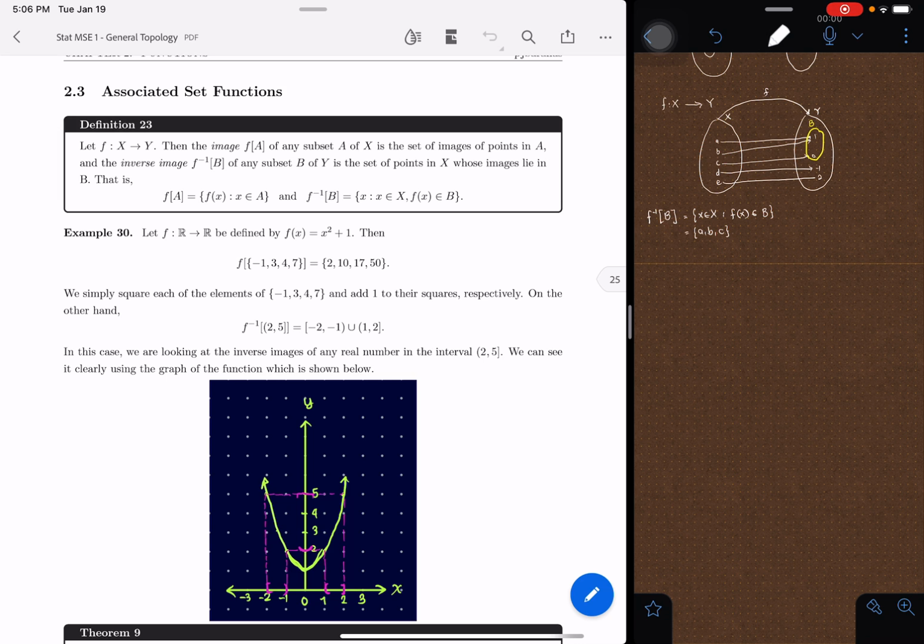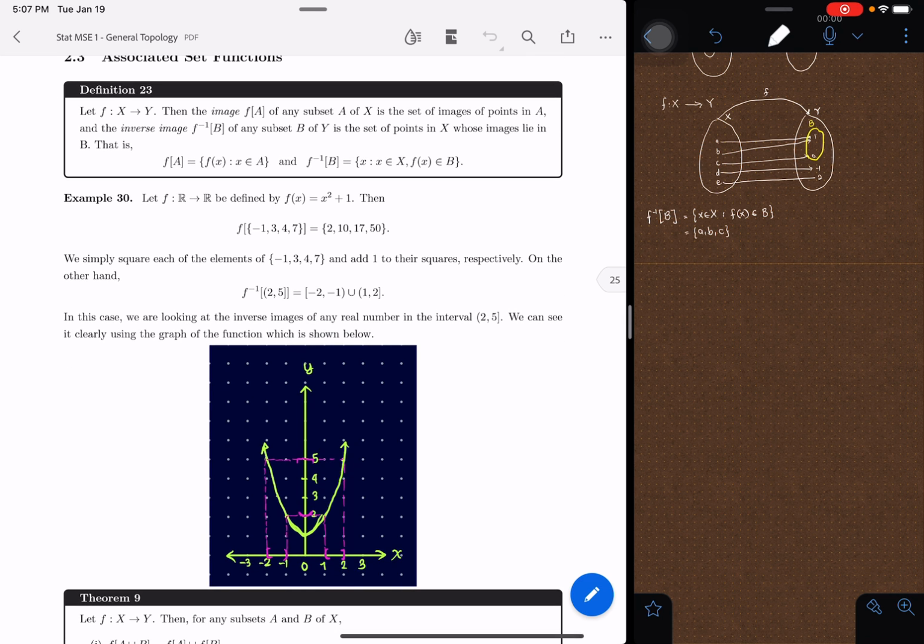So we get the square of negative 1 plus 1, so we get positive 2. For the number 3, we square it plus 1, we get 10, etc. So we simply square each of the elements of this set containing negative 1, 3, 4, and 7 and add 1 to their squares respectively.